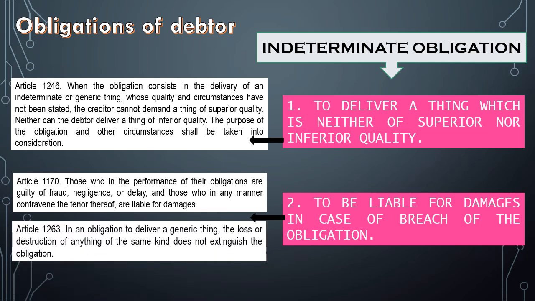Your basis is Article 1263. In an obligation to deliver a generic thing, the loss or the destruction of anything of the same kind will not extinguish the obligation. So the obligation still subsists. Why is that? Because of the principle that the genus never perishes.